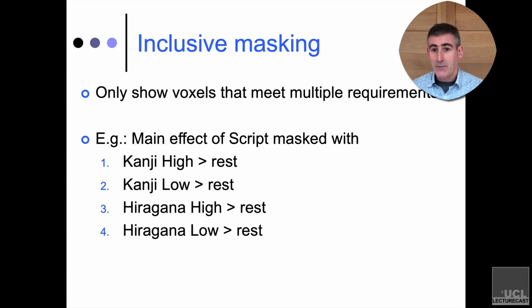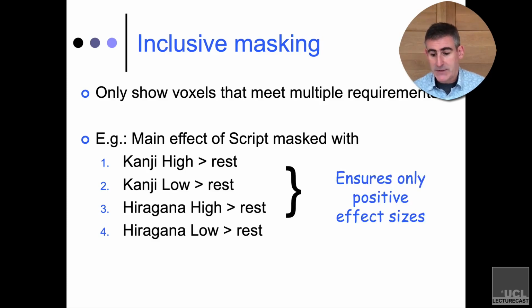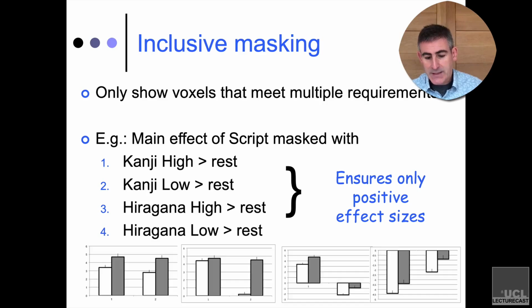Okay, and that'll help by eliminating possibilities and ensuring that we're only looking at positive effect sizes, right? Because that's what we're interested in. But in addition, of the 4 possibilities that I just showed you in the last couple of slides, if those 4 conditions are met, then those last 2 possibilities shown there on the right can't be true anymore, right?